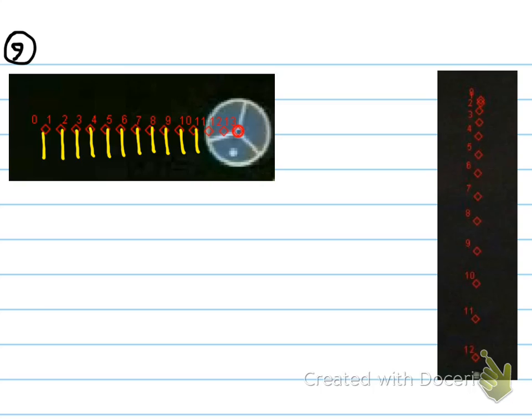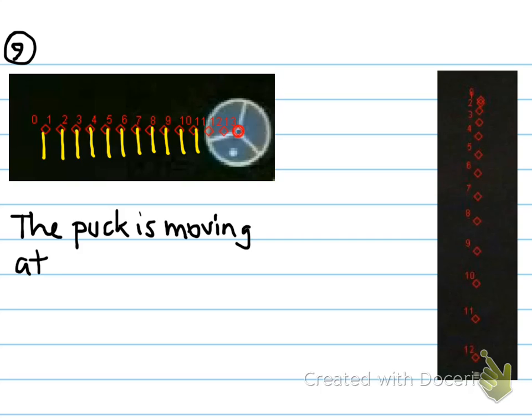So if you're writing a description of that, all you have to say is the object, which in this case is like an air hockey puck. The puck is moving at a constant velocity. It's not picking up speed, it's not losing speed, it's a constant velocity.